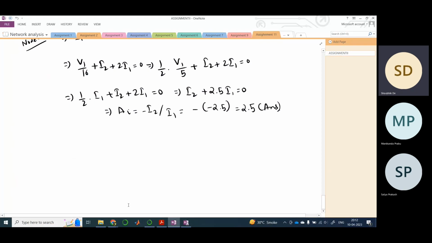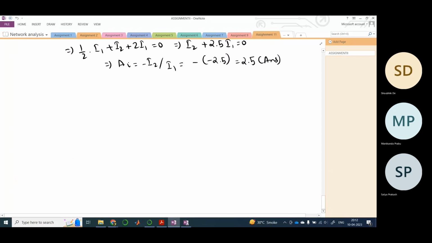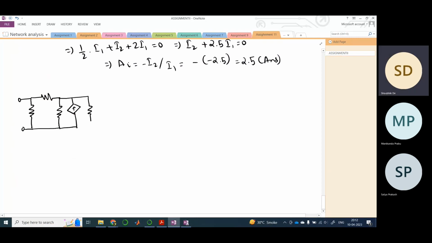So our circuit would be something like this. Just a minute. It is 20, 10, 10, 10, and of course there is I2 flowing here, but we won't require it because we will be applying KVL anyway, right?